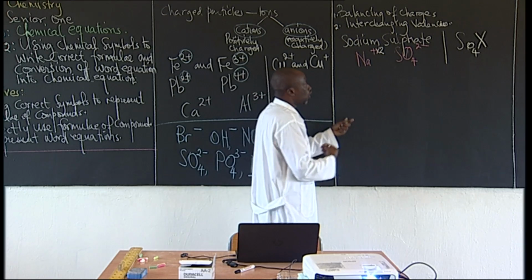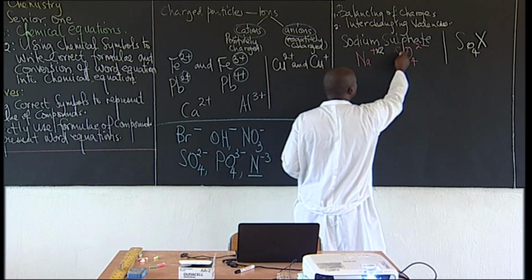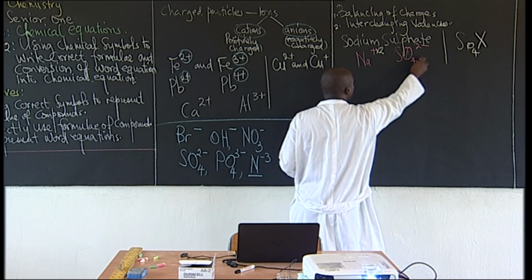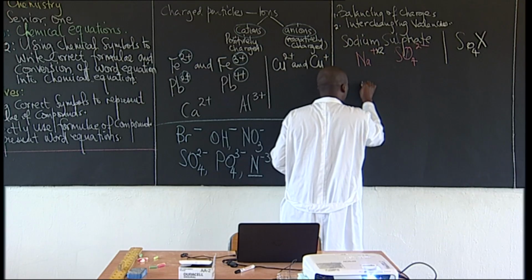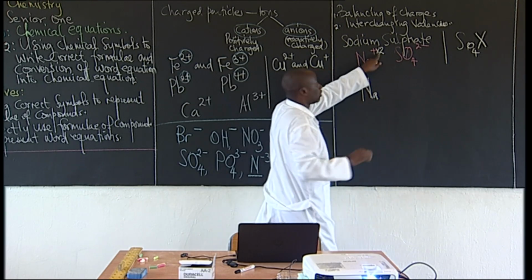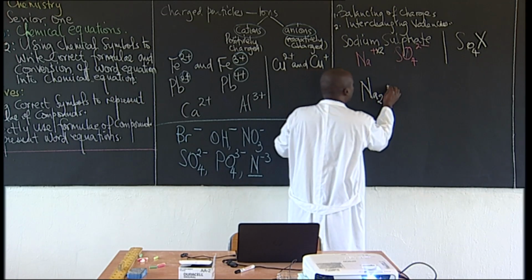So we are going to interchange the valences. The valence here, we said we multiply by 2 to make sure the charges are balancing. So we are going to do like this. Sodium, we rewrite again. You remember we multiplied this one by 2, and then we have to write it here.